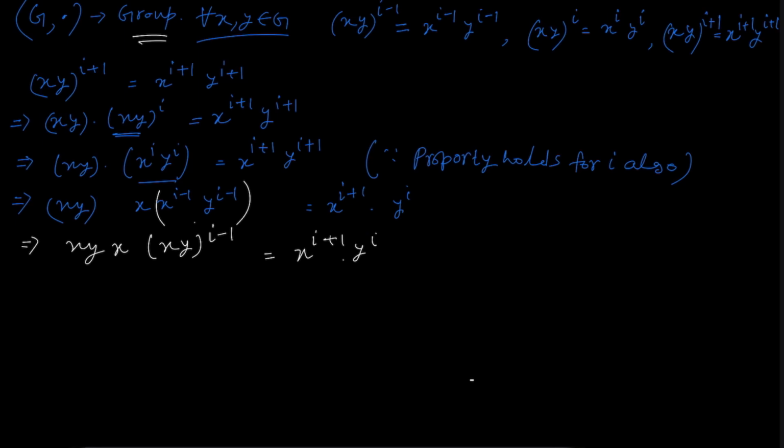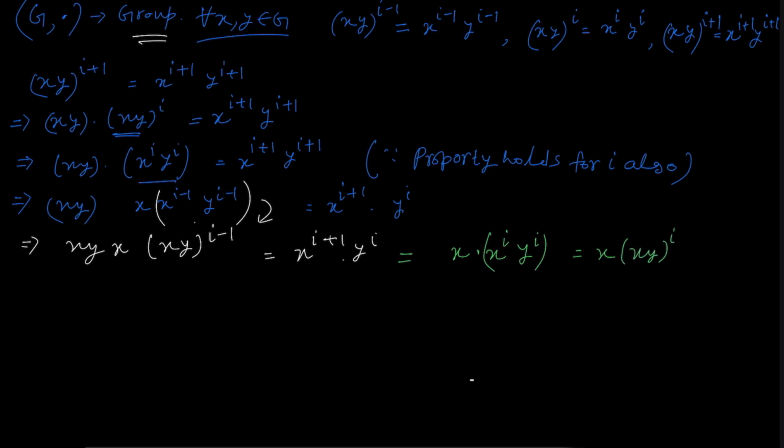Okay, this happens because the property holds for integer i-1. Now we will recalculate the right hand side, and we'll write this like x^(i+1), and for this part we will apply the property for integer i, so this will become this.